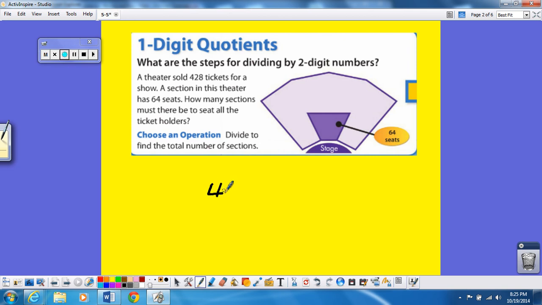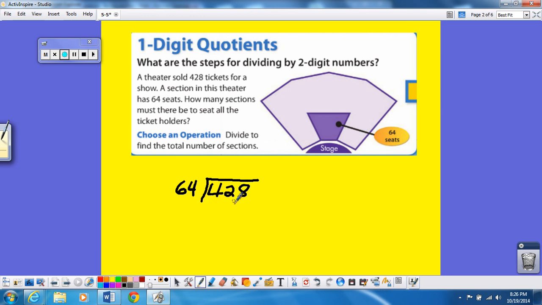We have 428 divided by 64. Now think about what that means. There's 64 seats in each section, and there are 428 total tickets. So we're trying to figure out how many sections are going to be in this theater. So let's look at our division problem. We always start with our divisor and we say 64 does not go into 4.